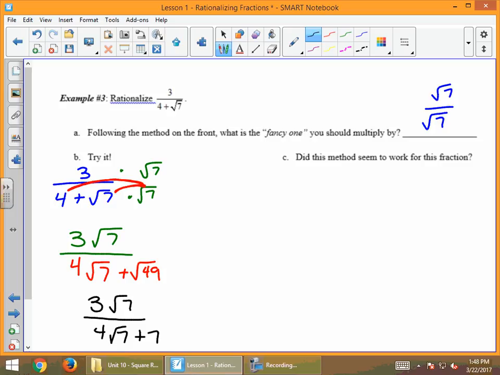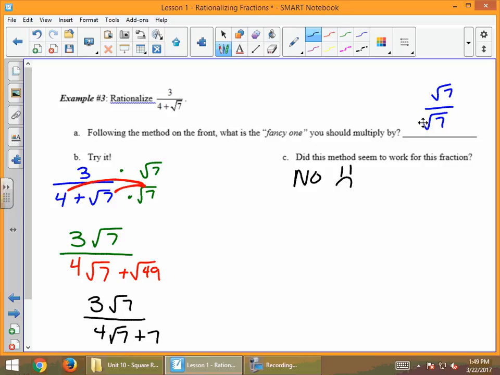So, when it's just a single radical, you're not adding or subtracting, that's what you're going to multiply. Whatever radical's the denominator, that's what you're multiplying the top and bottom by. When you're adding or subtracting a radical, you can't use this method. There's a different method you have to use. So no, this will not work.